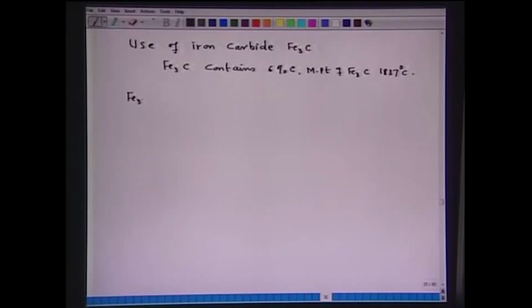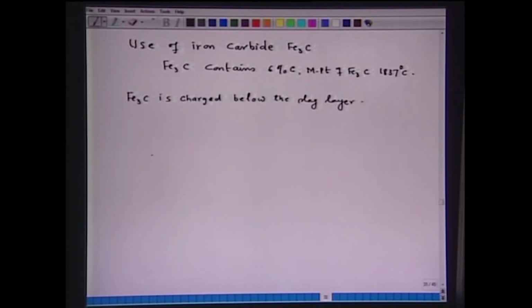First of all, Fe3C is charged below the slag layer.